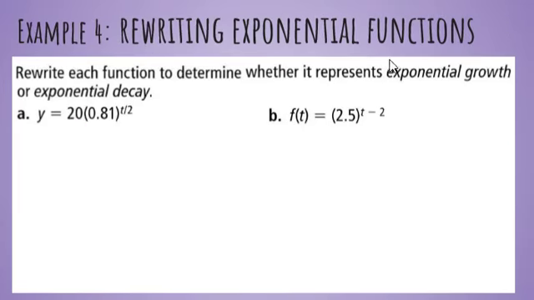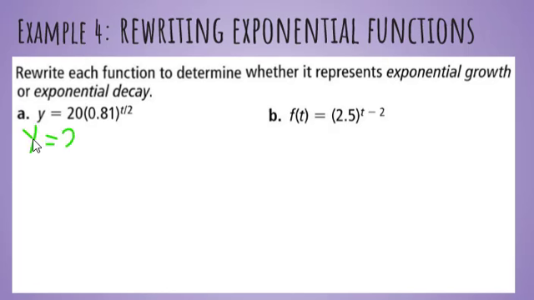Example 4 is rewriting exponential functions, and this is going to help us determine if it's growth or decay. If you look at our first equation, it's not written in that standard form where just our exponent is t. So that's where we're going to have to do some rewriting, using some of our properties of exponents. I'm going to start by rewriting this one.